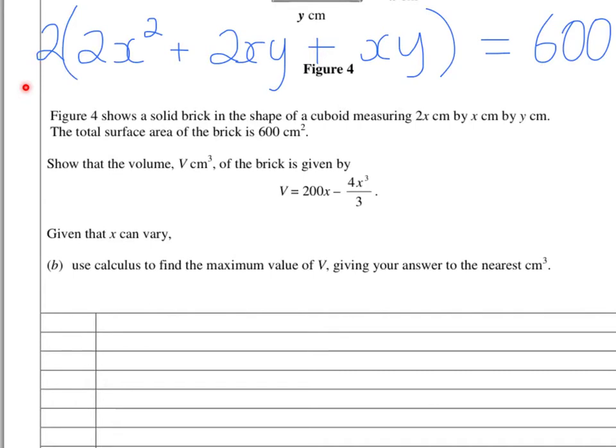So I'll write that out again. That's 2x squared plus 2xy plus xy equals 300.